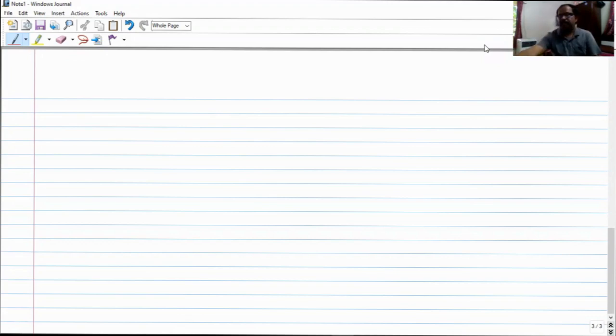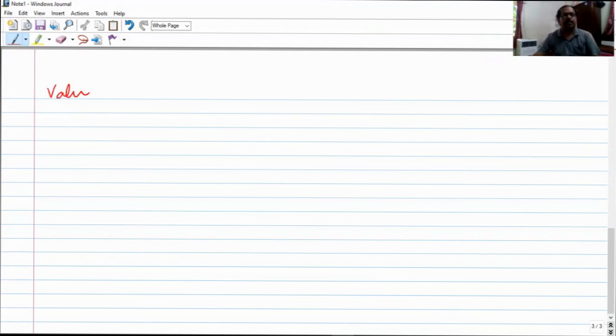The next part of this topic is known as the trigonometric ratios of some specific angles. So, students, we know the various standard angles that we use to find the values of trigonometric ratios.